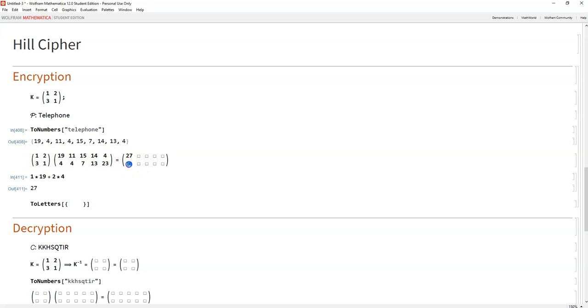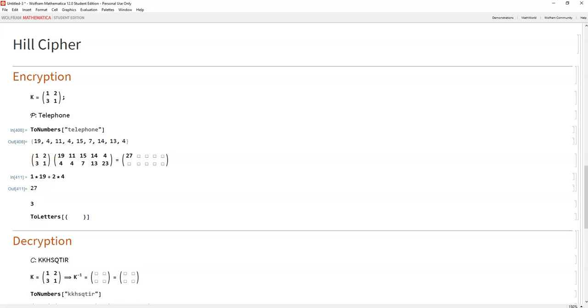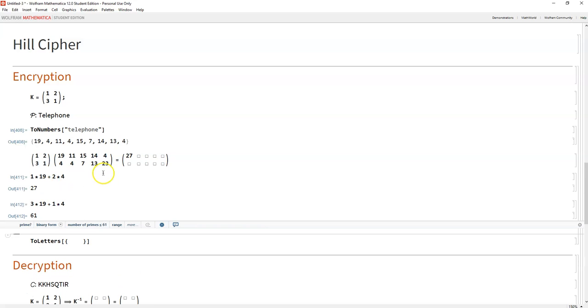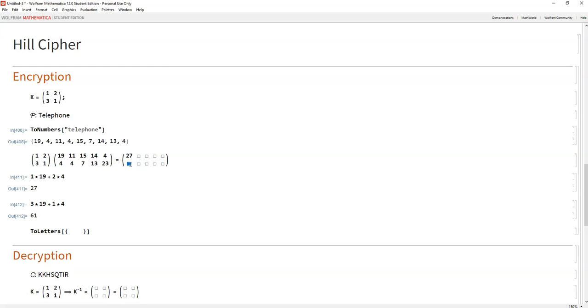So to get this entry, I'm going to take 3 times 19 and add 1 times 4. Now we are working mod 26. I'm not going to worry about that just yet. I can reduce mod 26 whenever I want. I will do that when I'm all done with the matrix multiplication.